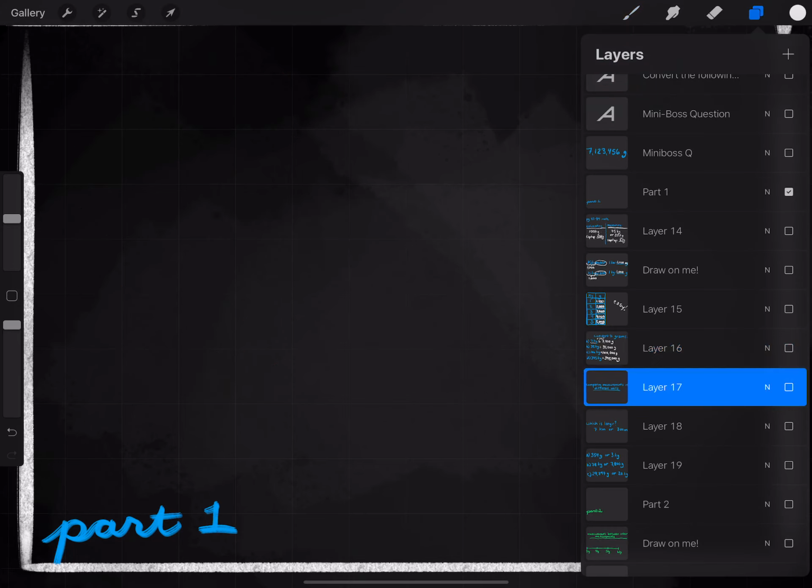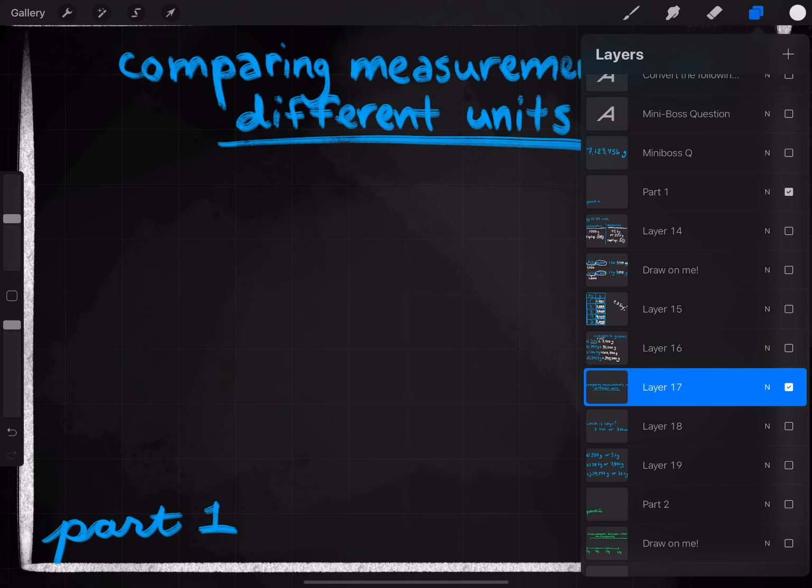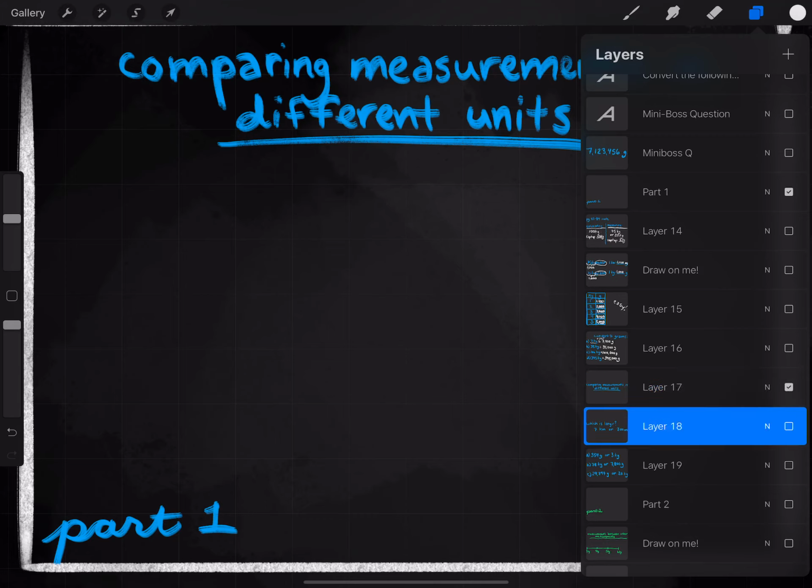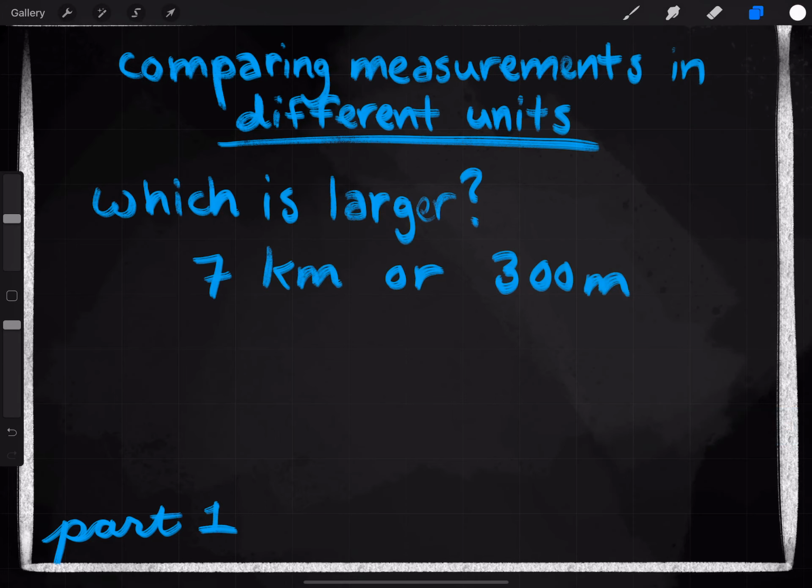Okay. We are going to compare measurements that are actually in different units. So for example, which is larger, 7 kilometers or 300 meters? Ooh, it's in meters. But remember, kilometers means 1,000 meters. So even though the number 300 is bigger than the number 7, we might want to think twice before we say that this was bigger.